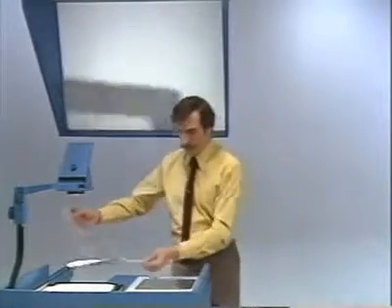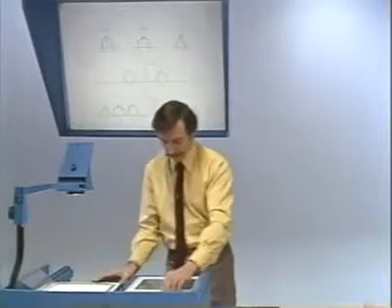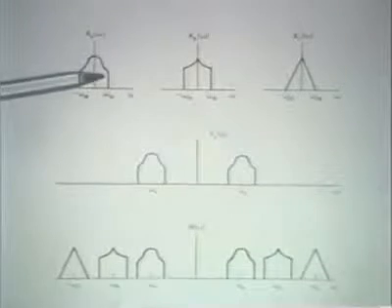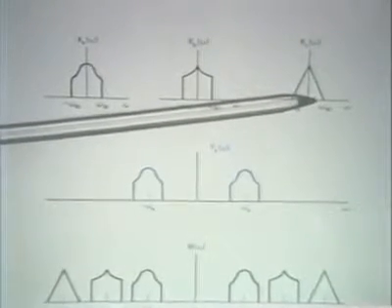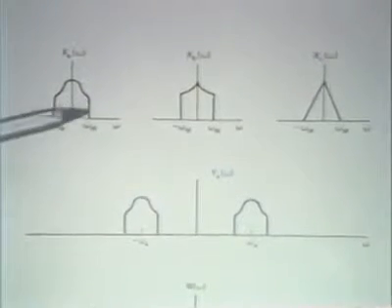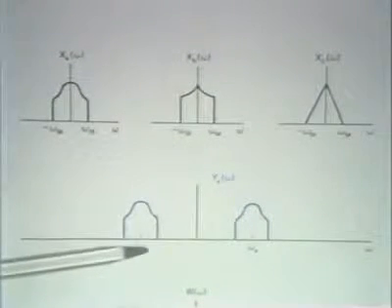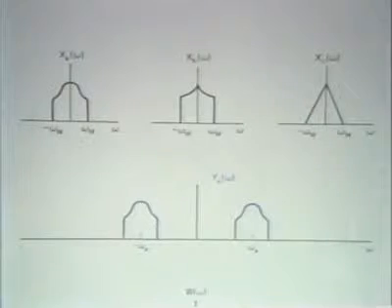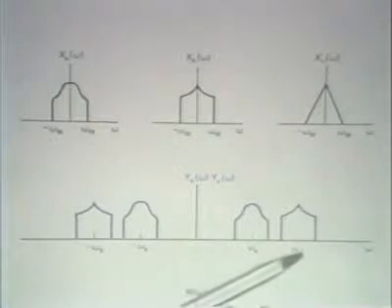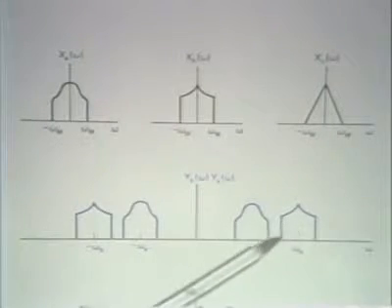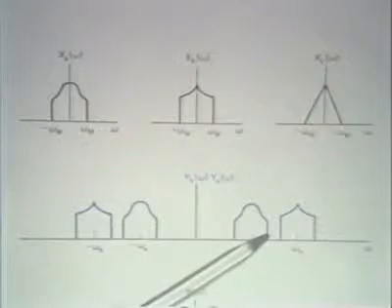So just to illustrate that in the frequency domain, what we have, let's say, are three spectra, XA, XB, and XC. We would, for example, take this spectrum and modulate it to a carrier frequency omega sub A. We can take this spectrum and modulate it to a carrier frequency omega sub B, where omega sub B is chosen so that when we add these two together, they don't overlap, so that they can eventually be separated out.